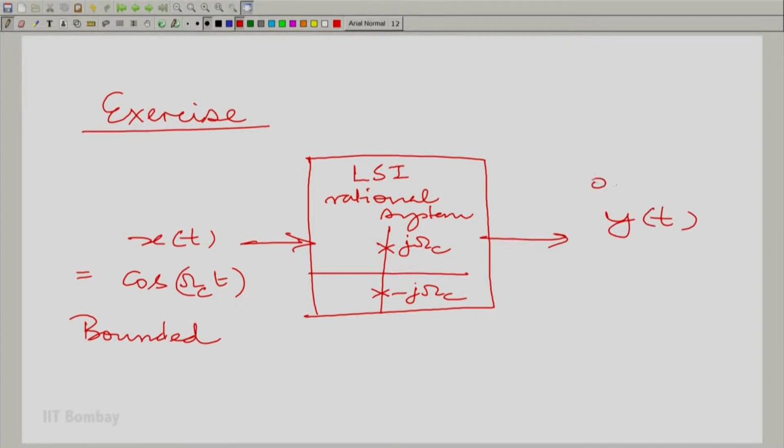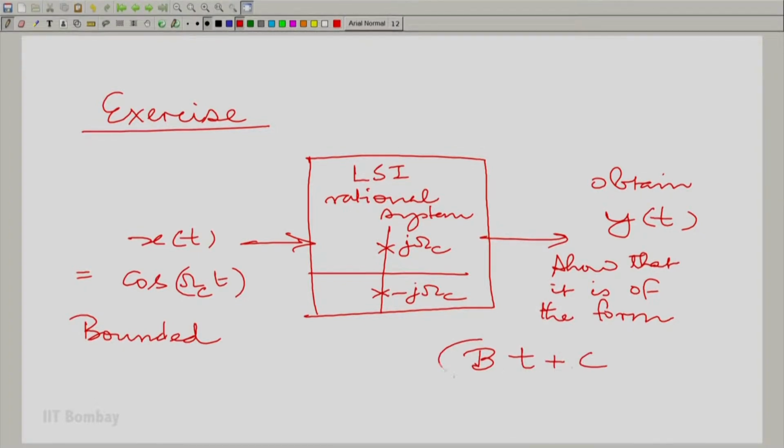Obtain the output y of t. Show that it is of the form some constant, let us say b, times t plus c perhaps into cos of omega c t plus phi 1.